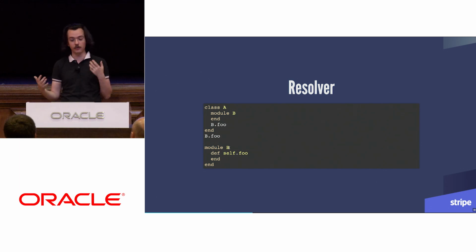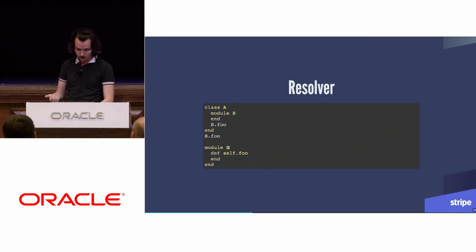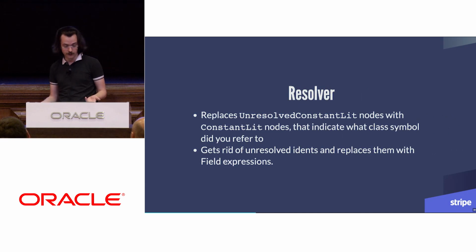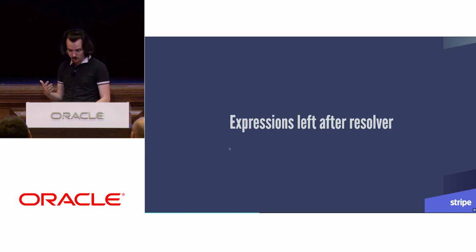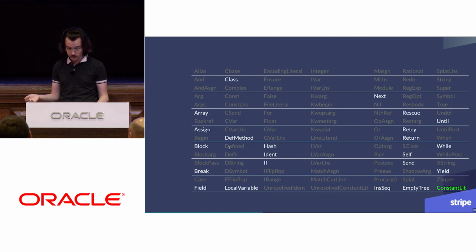Because of this, resolving names is a non-local property and has to be done globally. So resolver replaces unresolved constant lits with constant lit nodes and gets rid of a few other unresolved things. The important thing to note is that after resolver, all the information that you have is semantic, and at this point, there is no global information that you will ever need to rely on that has not yet been computed.